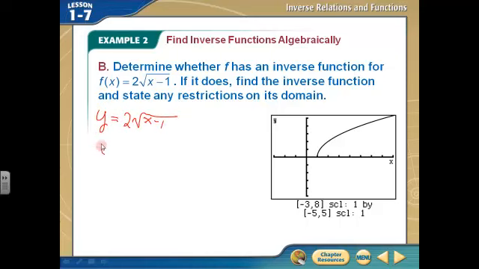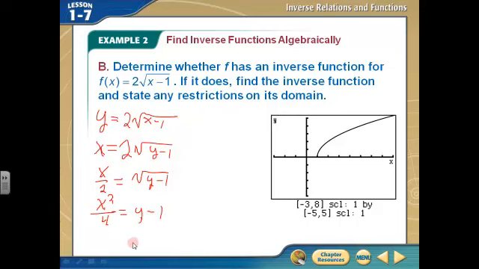Interchange x and y. x equals 2 square root y minus 1. Now solve this for y. Divide by 2, so I've got x over 2 equals square root y minus 1. Need to get rid of the square root, so I'm going to square both sides. x squared over 4 equals y minus 1.